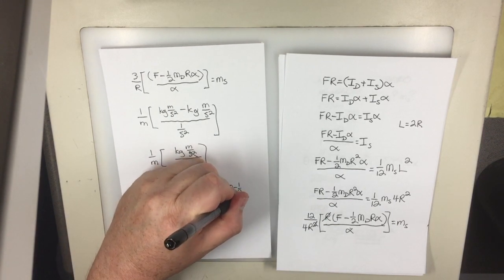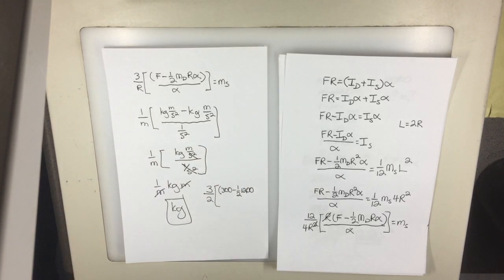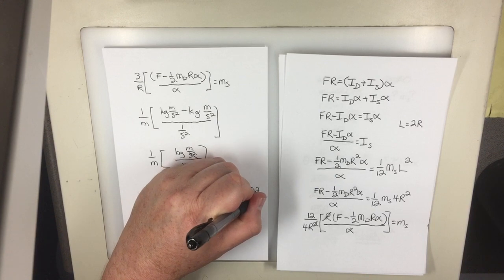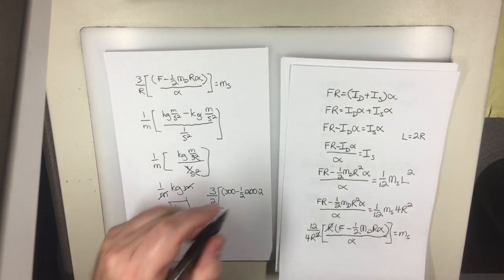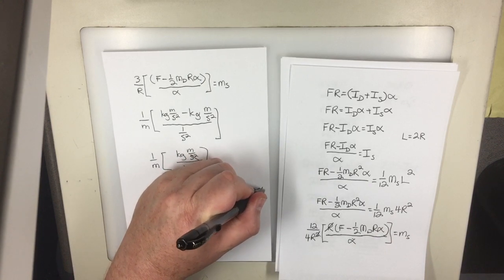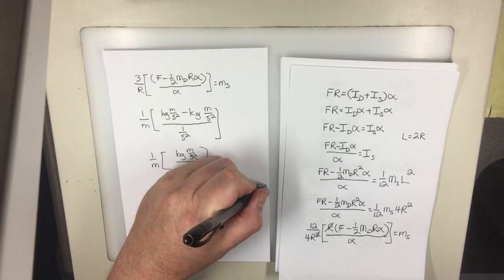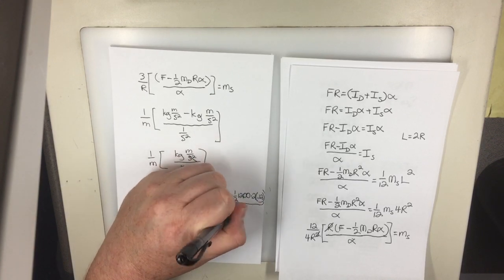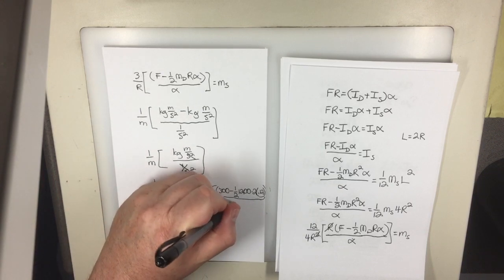Minus 1/2 mass of the disk, 1200, R is 2, alpha is 0.12, all divided by alpha, which is 0.12.